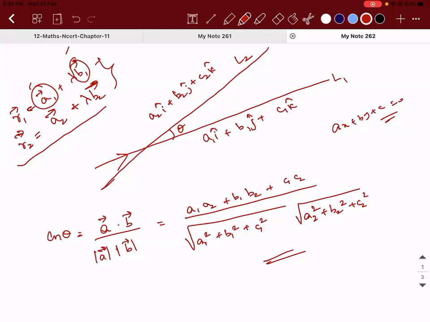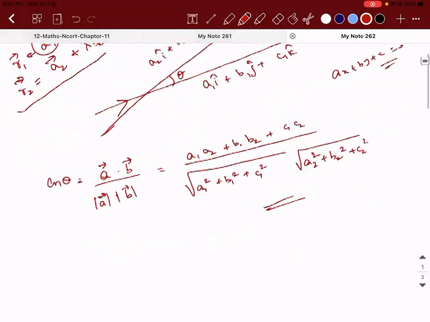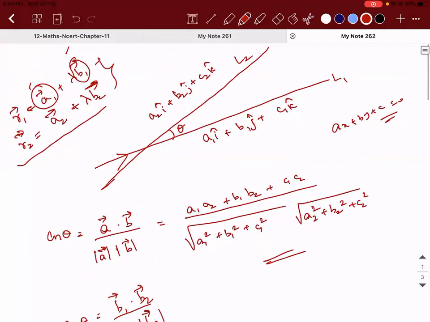B1 vector. Correct. Then I can say cos theta is equal to B1 vector dot B2 vector divided by magnitude of B1 vector into magnitude of B2 vector. Are you able to understand? So if the general form of the line is given to you and you're asked to find the angle between those two lines, you just take the dot product between B1 and B2 and divide it by the product of their individual magnitudes.